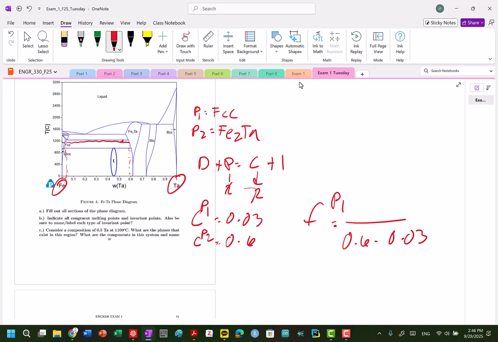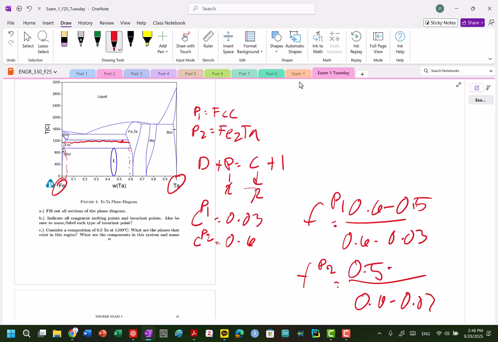And in the numerator, I run the opposite way, so it's 0.6 minus 0.5. The fraction in phase 2 has the same denominator, and the numerator is 0.5 minus 0.03. Makes sense because we're closer to here. We should be larger in this phase.